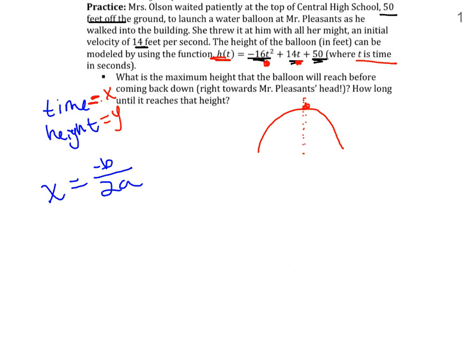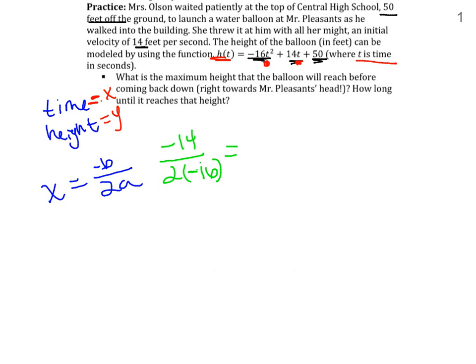Alright, so let's plug that in. B is 14, so we say negative 14 over 2 times a, where a is negative 16. One thing I want you guys to be careful of when plugging these into your calculator, you have to do 2 times negative 16 first, which gives you negative 32.